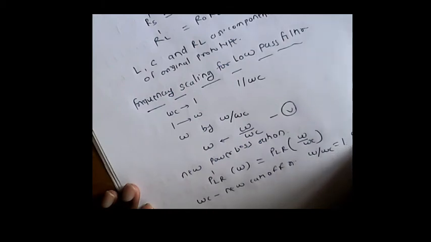When omega c is equal to 1, omega is equal to omega c. This transformation can be viewed as a stretching or expansion of the original passband, as illustrated in the following.